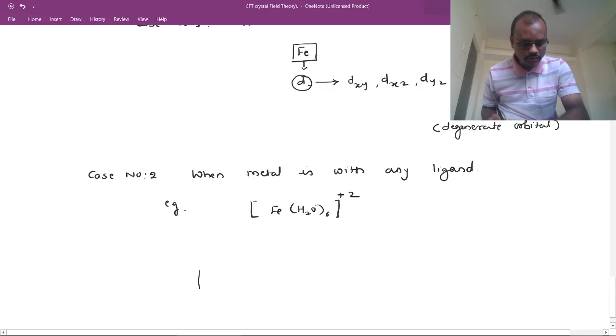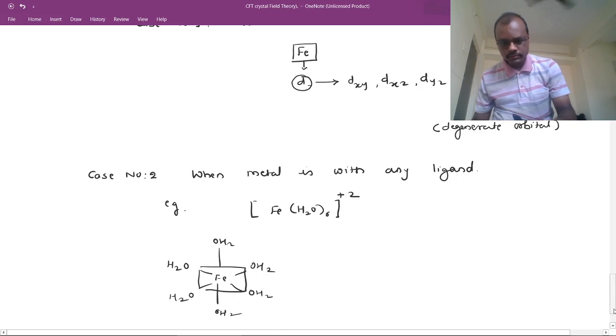If I have to draw the diagram, I'll draw it this way. This is OH2, OH2, OH2, OH2, OH2 and OH2.